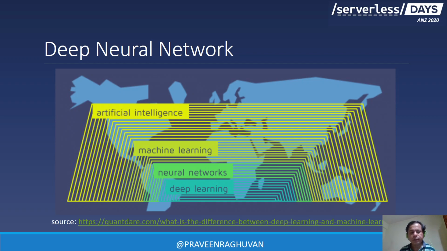The way it differs from the artificial neural networks is it has a deep level of layers that allows you to make better predictions in less time compared to an artificial neural network where we only have one layer. Deep learning involves multiple layers: an input layer, followed by multiple hidden layers, and finally the classifying layer, that is the output layer. So that is all about the deep neural network that we have in this picture.